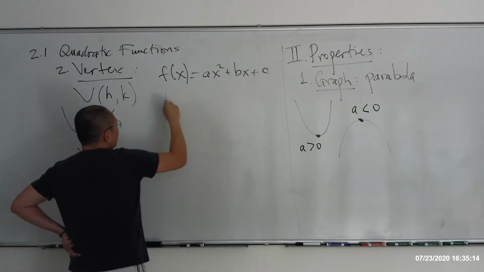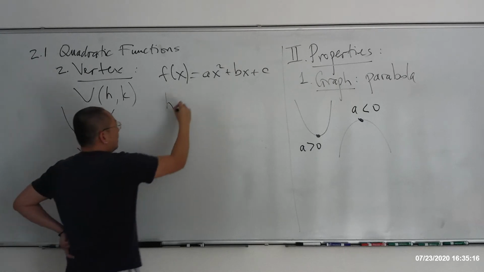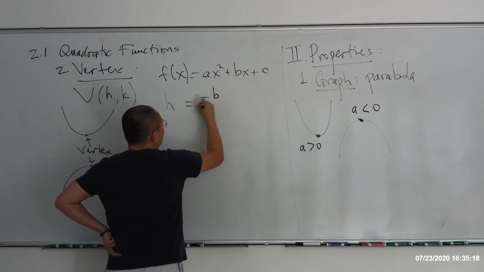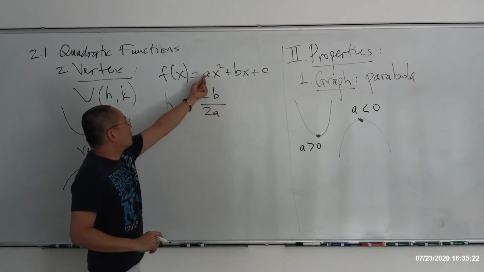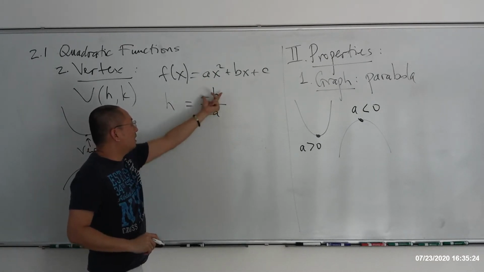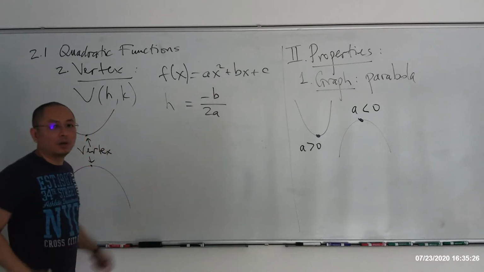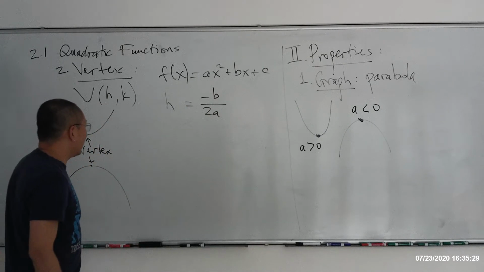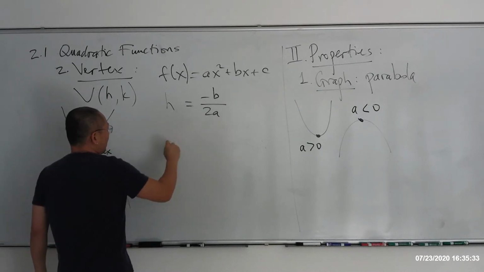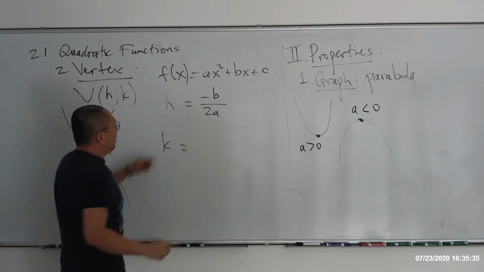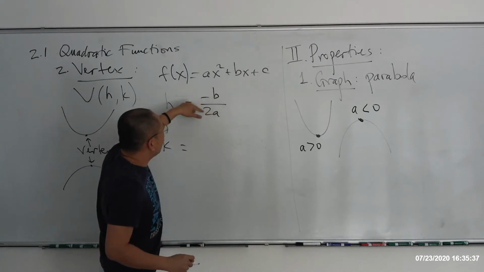We can calculate h, which is the x coordinate, equal to negative b over 2a. Keep in mind that a will never be 0 for a quadratic function, so you're okay to divide. Negative b over 2a is going to give you a number, which is the x coordinate, and we denote it by the letter h. And then after having h, you can calculate k by plugging that value, the x value, into the function.